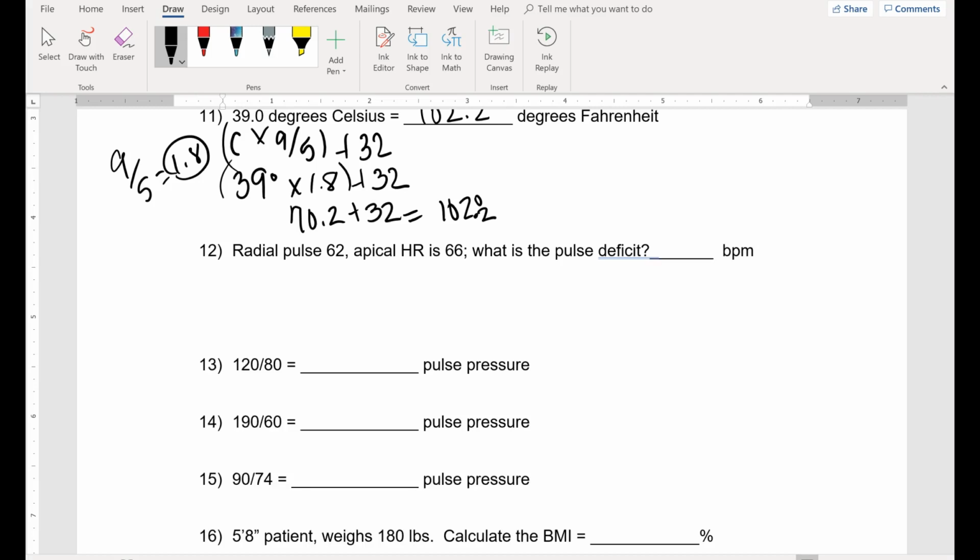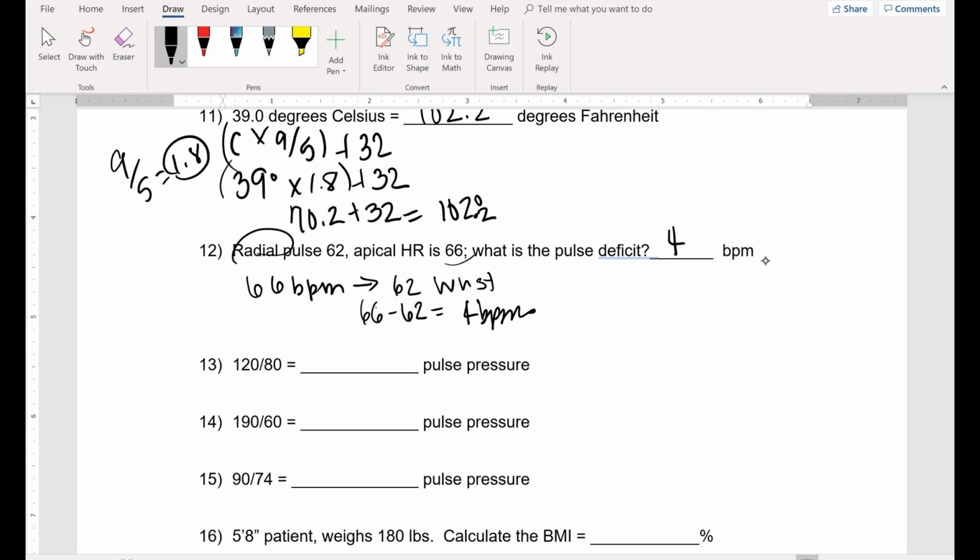Okay, so if the heart is beating at an apical rate of 66 beats per minute, and only 62 of them are getting to the wrist, okay, which is where the radial pulse is, right? We just take 66 minus 62, and we have a pulse deficit of 4 beats per minute. Okay, does that make sense?